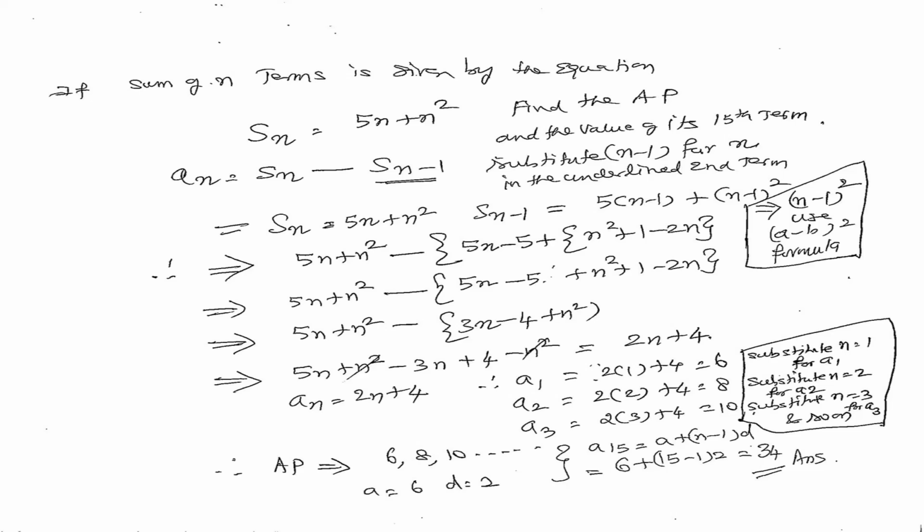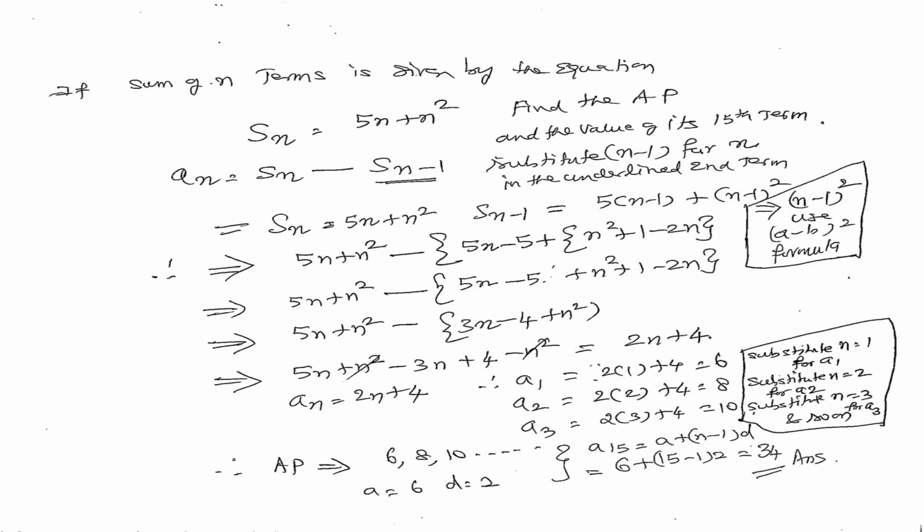Substitute n minus 1 for n value in the formula. That is, if Sn is equal to 5n plus n squared, then Sn minus 1 becomes 5 into n minus 1 plus n minus 1 whole square.